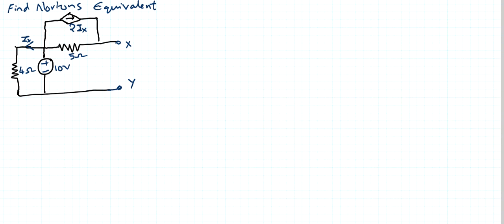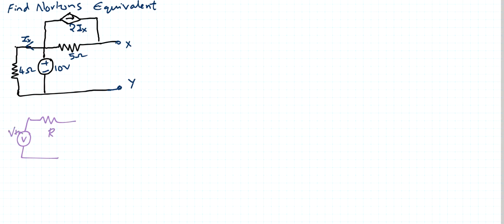In this lecture we have to find Norton's equivalent. In the last class we saw Thevenin's equivalent, but here we have to find Norton's equivalent. Thevenin's equivalent has a voltage source with a series resistance.